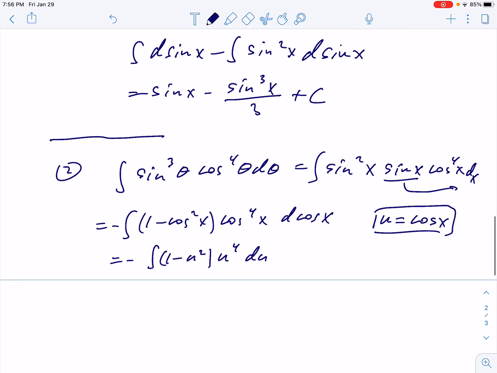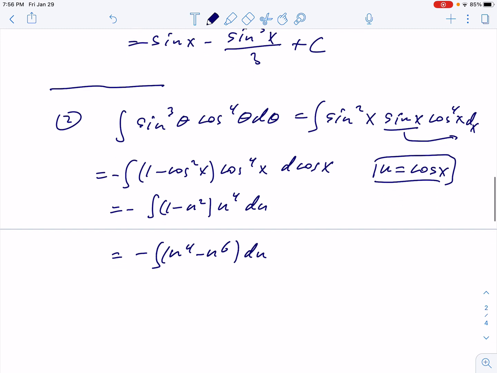So inside the integral we distribute u 4th power. This will be negative u 4th power minus u 6th power, and this is du. And we integrate by the power rule. This will be negative u 5th power over 5, and now plus u 7th power over 7, and plus c.